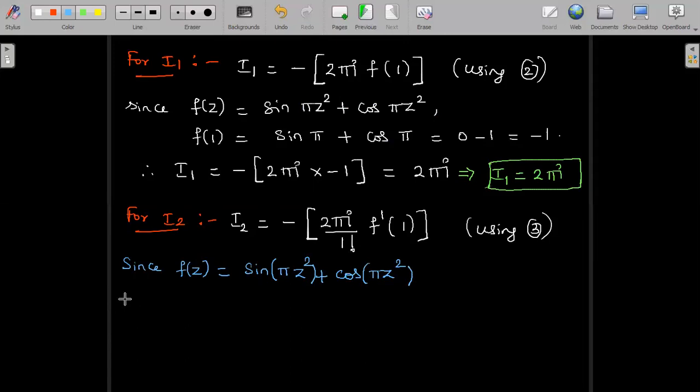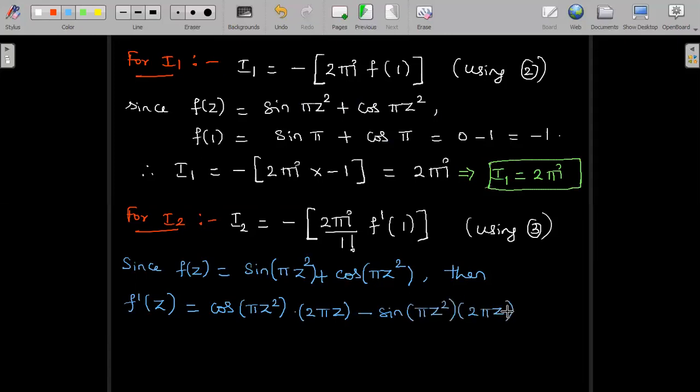Okay, so what will be f dash of z? Then f dash of z is equal to differentiation of sine term is cos. So cos of pi z square into differentiation of pi z square, chain rule concept. So pi z square differentiation with respect to z will be 2 pi into z. Keeping pi as it is, z square differentiation is 2z. Similarly, differentiation of cos is minus sine. So minus sine of pi z square into 2 pi z once again due to chain rule. So this is f dash of z for us.